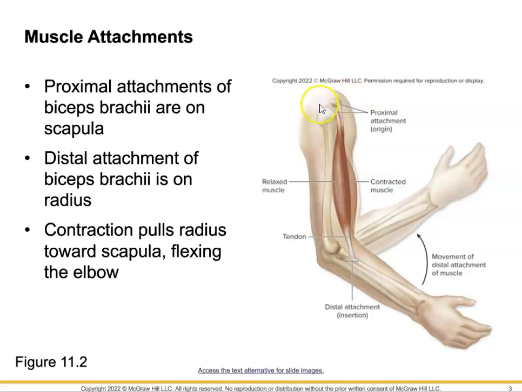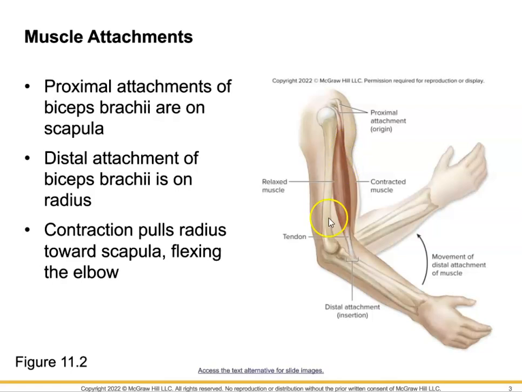All right, so let's look. Your proximal attachment for the biceps brachii is on the scapula. The distal attachment is right there on the radial tuberosity. Now, when that muscle contracts, look how the fibers are running. They're running longitudinally, right? So elongated fibers running from the proximal end to the distal end.